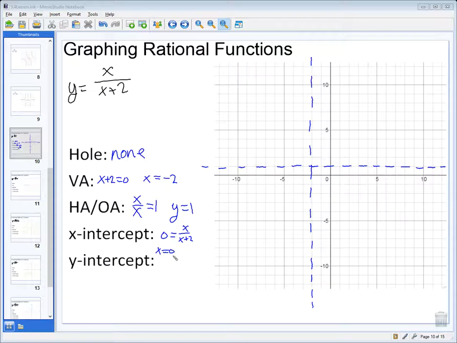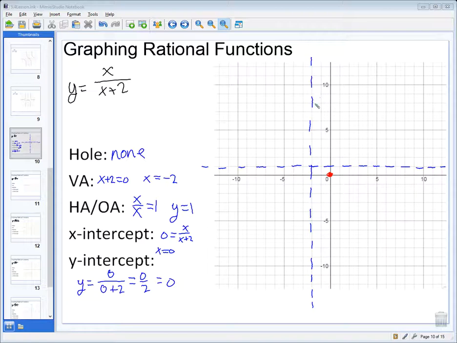So our function has an x-intercept at 0, which now you can see that the y-intercept is also 0, but we're going to show you how to do that anyway. When you're trying to find the y-intercept, you plug in 0 for x. So 0 in all of the x's, that leaves you with 0 over 2, which is 0. So we have a y-intercept of 0 also.